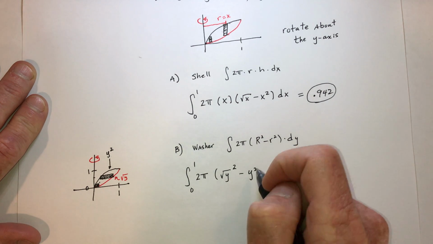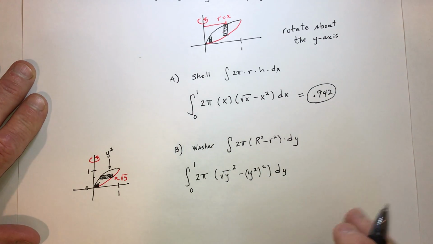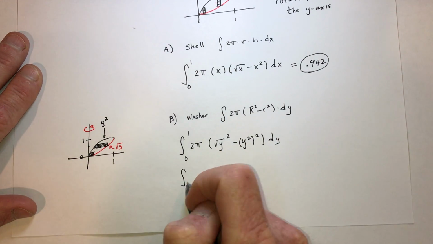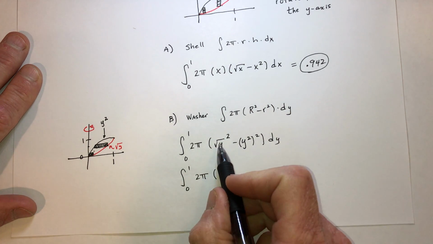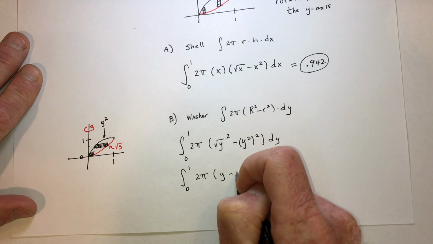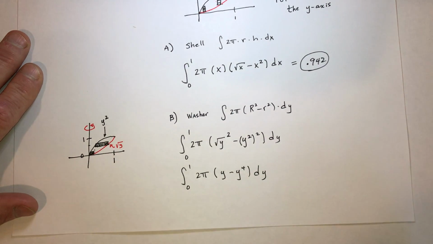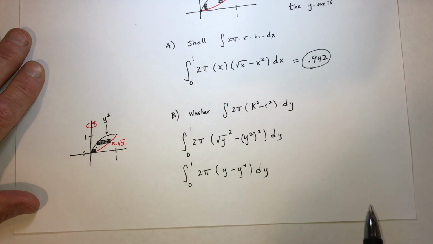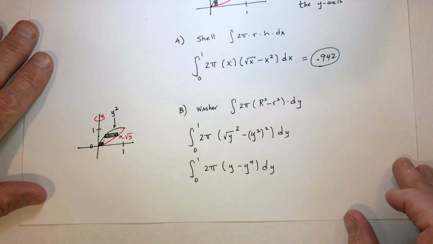And then we need to square that. So this one, I could simplify a little bit. That's going to be 2 pi. This is just going to be y minus y to the 4th. And finally, let's use the calculator to integrate this and see if we get 0.942.